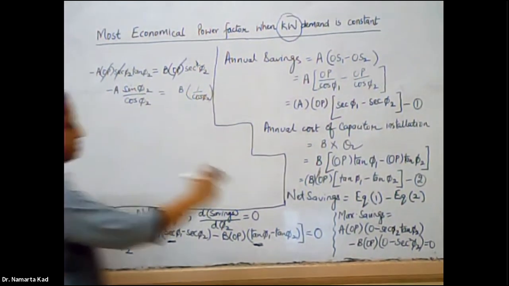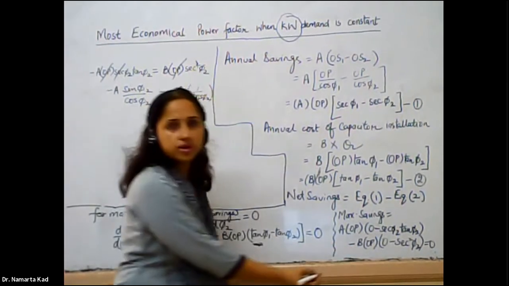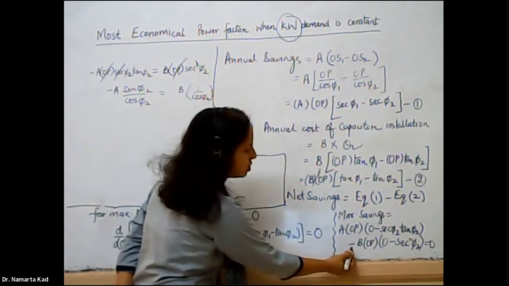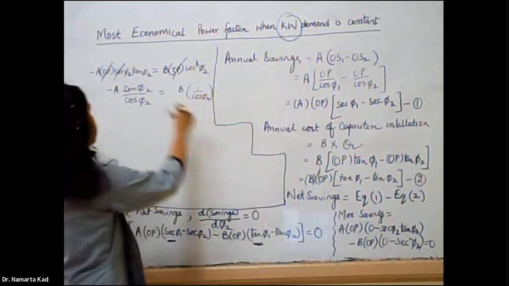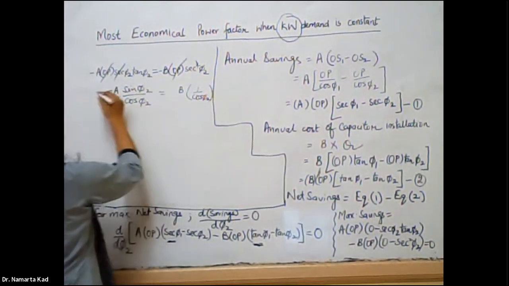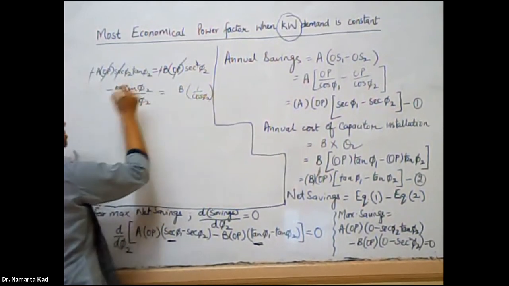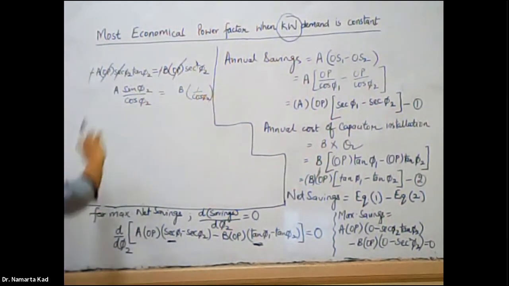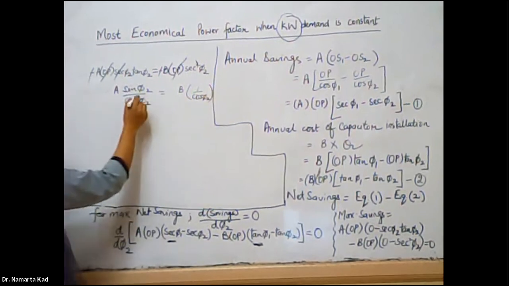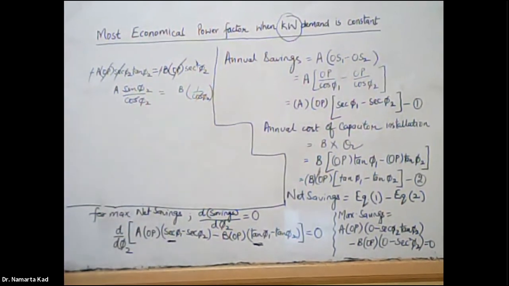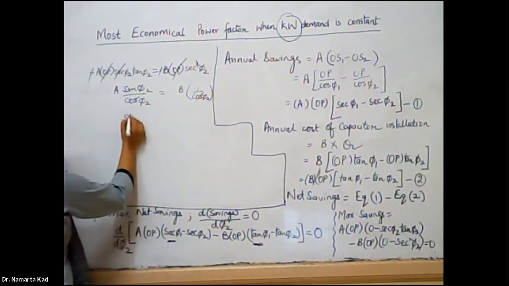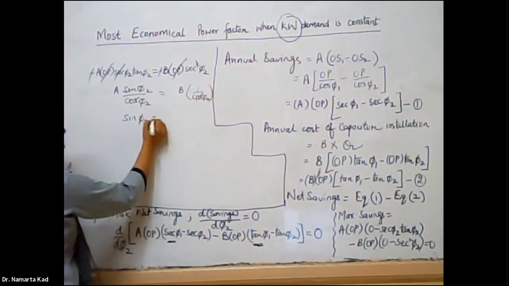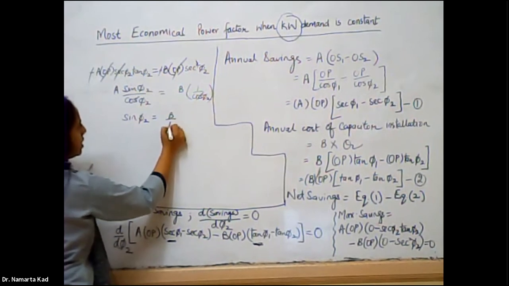One thing: here it is the negative sign, so this becomes negative, negative, positive, and when we move it to the other side this also becomes negative, and the negative signs cancel out each other. So this is the relation, and the cos also cancels out, and finally we come to the relation that sine of phi 2 is equal to B upon A.